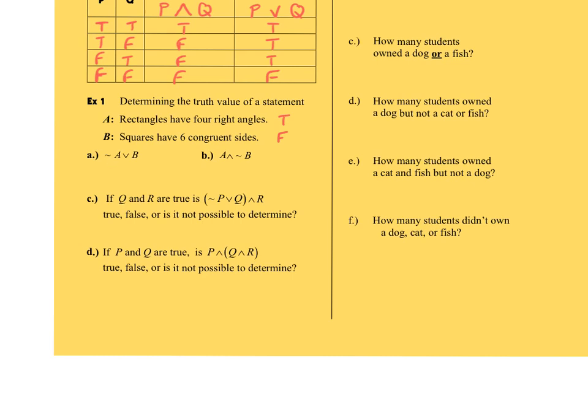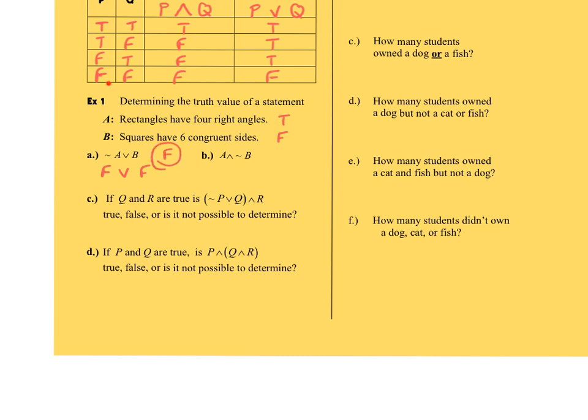The negation of A, since A is true, the negation of A is false. The V means or. B, we already identified, is false, so I can fill that in. And from the truth table up above, I can see that a false or a false means that the overall statement is false.